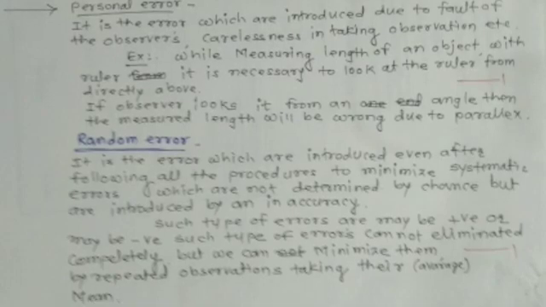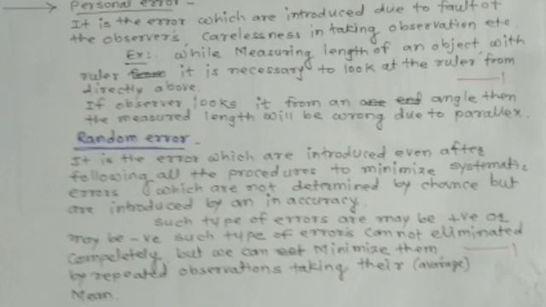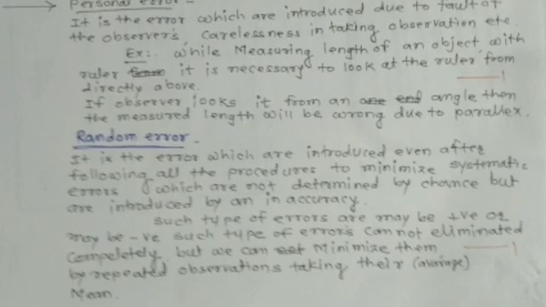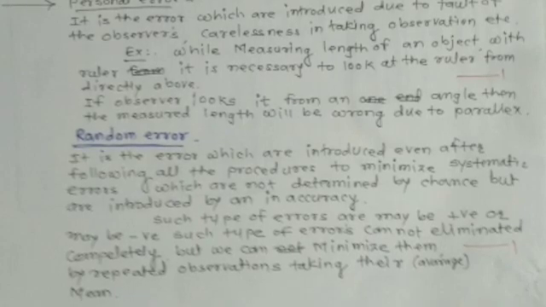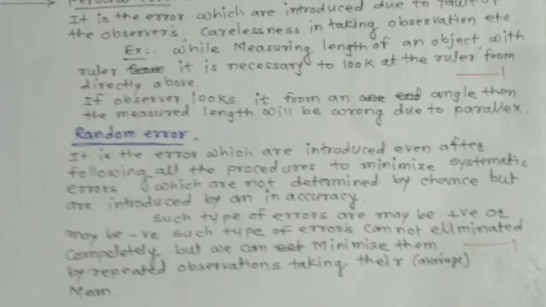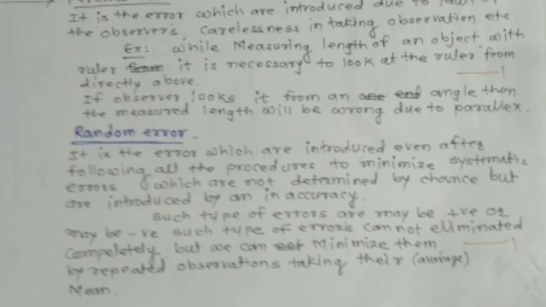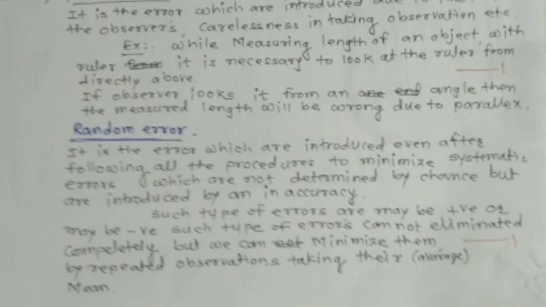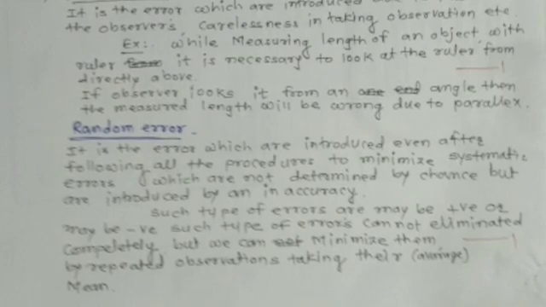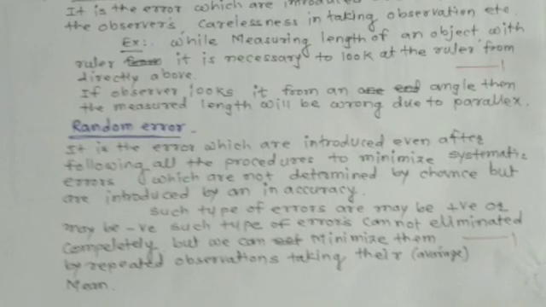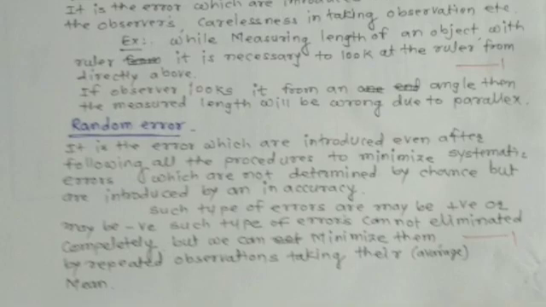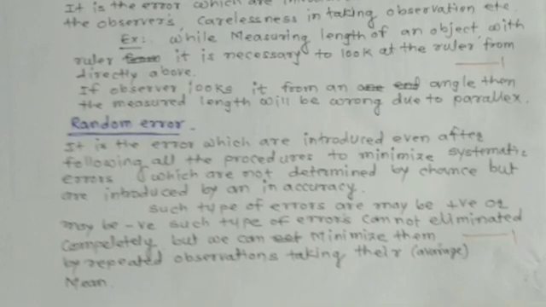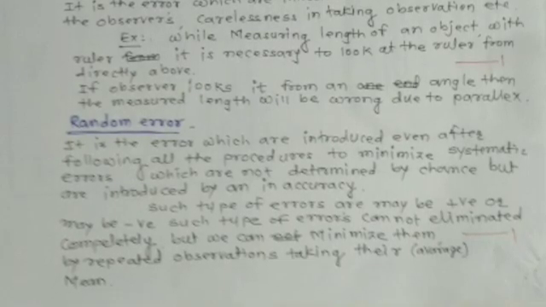Such type of error may be positive or negative. It cannot be eliminated completely, but we can minimize it by repeated observation and taking their average or mean value.